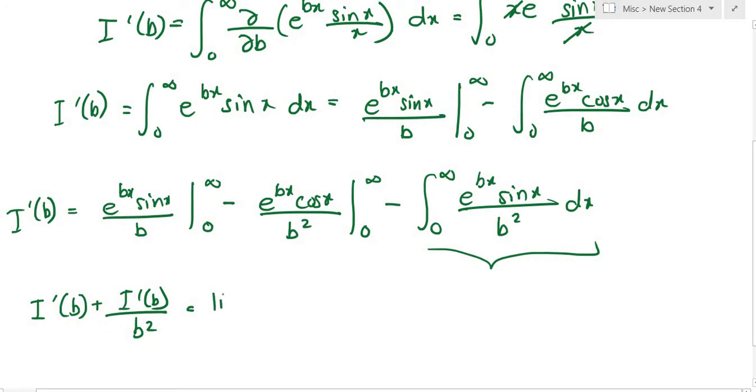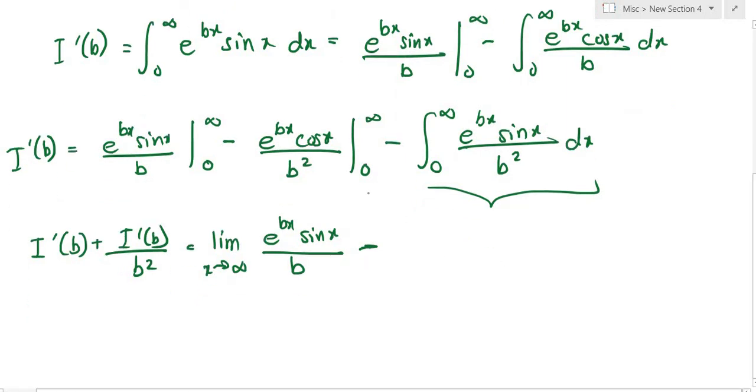So we only need to concern ourselves with the infinity case. Limit as x tends to infinity of e raised to bx times the sine of x all over b minus, well, when we plug in 0, this will be 1 over b squared. So we basically have the limit as x goes to infinity of e raised to bx times the cosine of x over b squared, plus 1 over b squared.